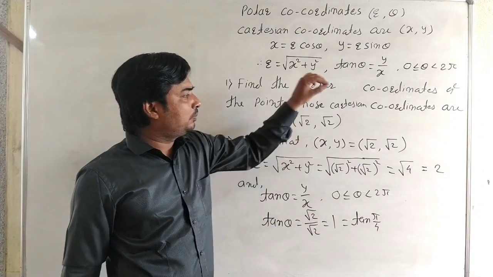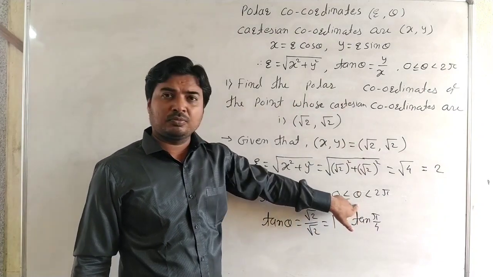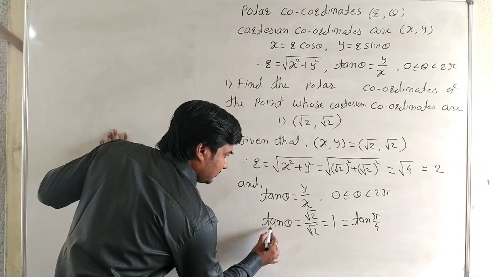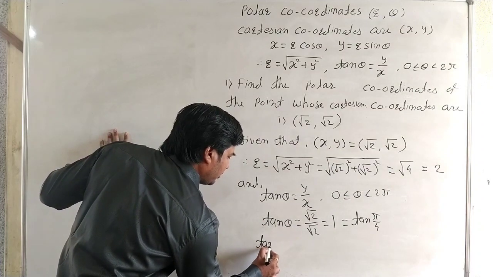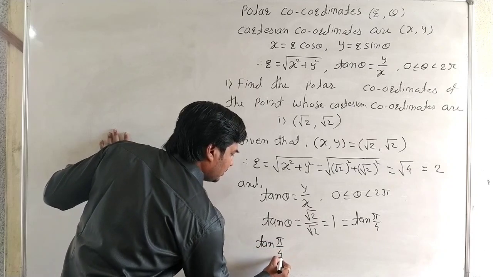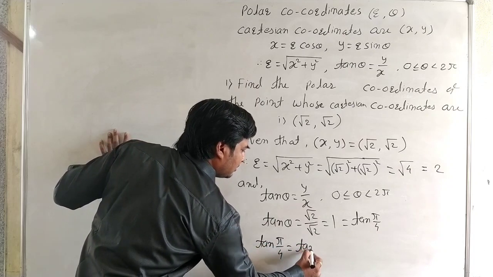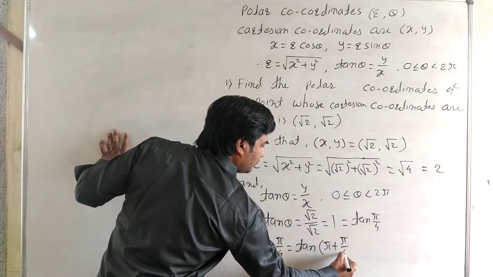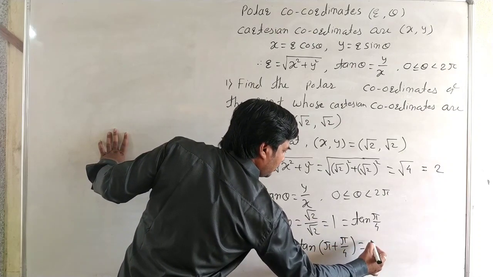Here we want to find the principal solution. Now tan pi by 4 is equal to tan of pi plus pi by 4, by using the allied angle, and that is equal to 1.